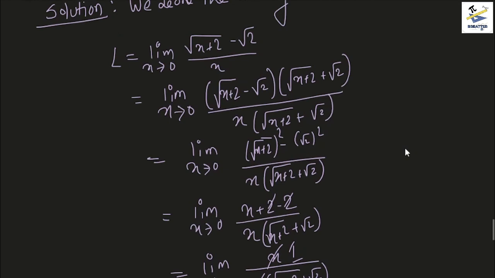So just to revisit, what we did here was to multiply with the conjugate. So remember this as a thumb rule. Whenever you have a surd in a numerator or a denominator, either in the complex number section or in this limit section, you would always like to rationalize it by multiplying it with the conjugate, right?